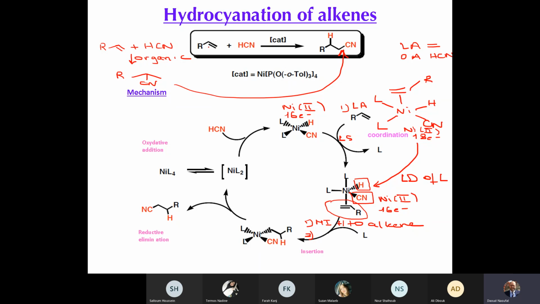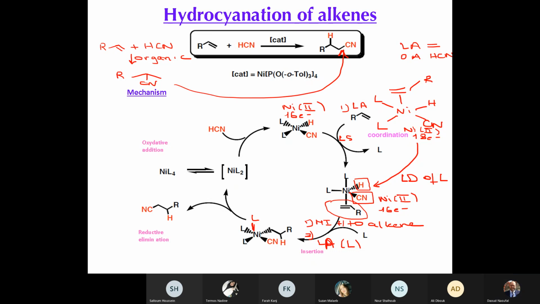But if we add HCN or alkene, we complicate our reaction system, so it's easier to add the ligand L. So we have ligand addition of L. We obtain this complex. Okay, so we need another L after the H attack, so we have L on the side.